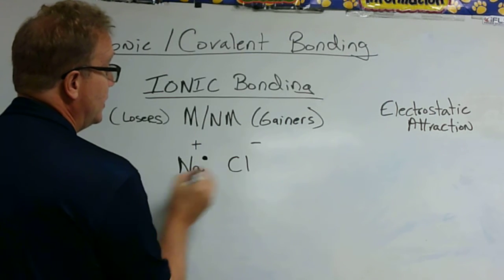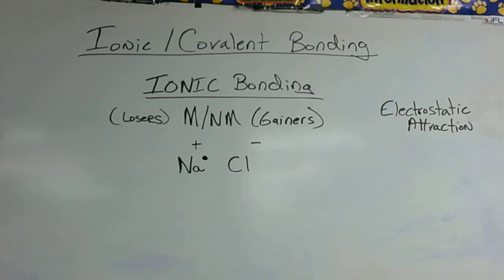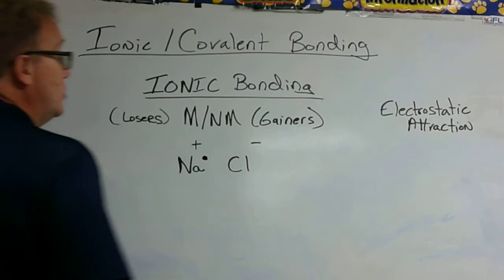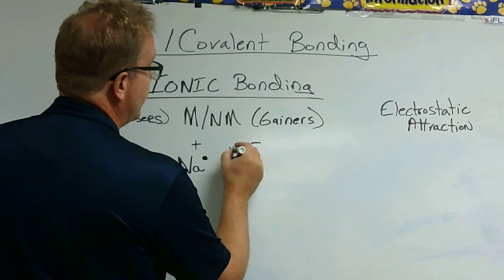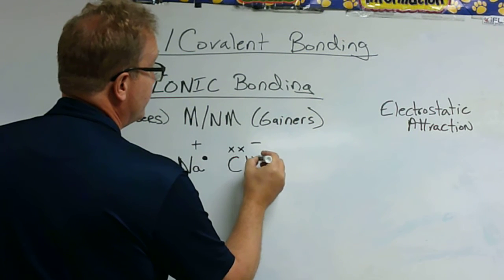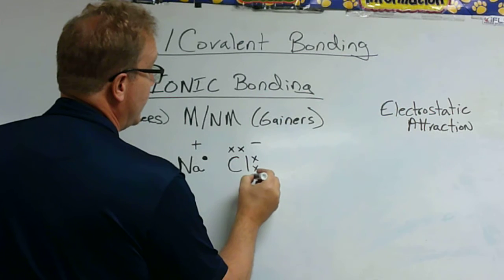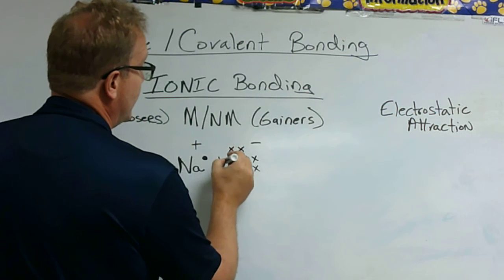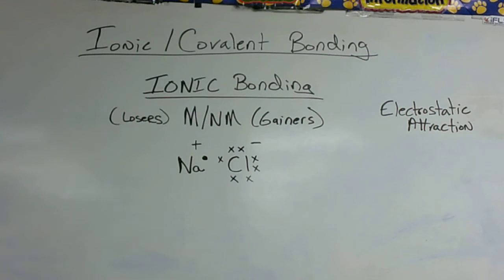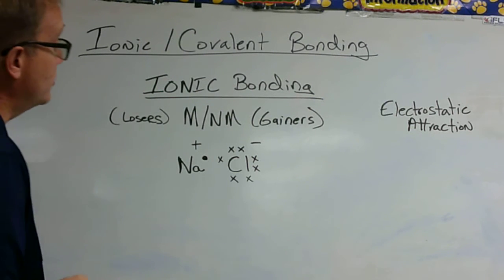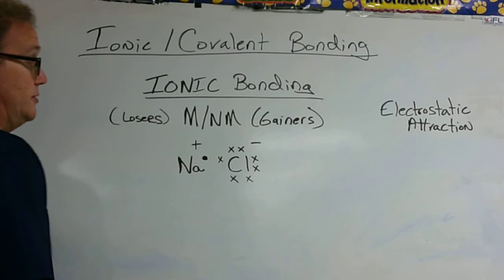We know that Na has 1 valence electron, which would mean 1 dot. We know chlorine has 7 valence electrons. Make sure you know how to count valence electrons. And so it's going to look like this. If you have a positive and a negative, they're going to be attracted to each other.